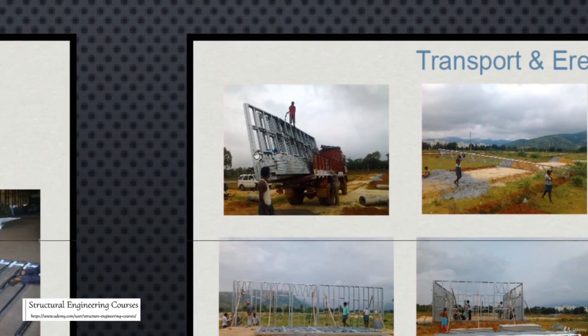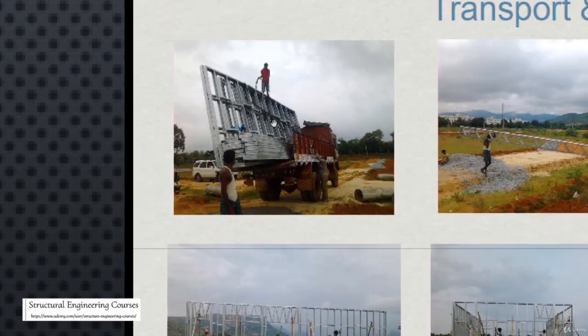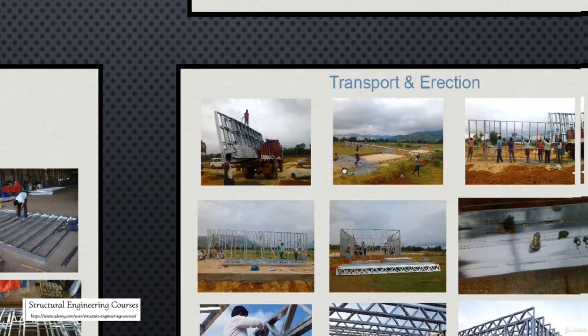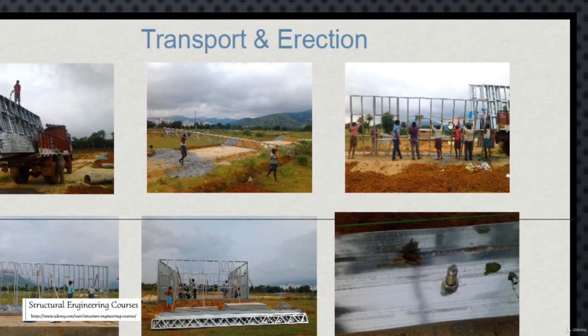Here you can see the steel sections loaded on the back of a truck. I must say this is a very unsafe form of work. I don't recommend it, because a worker is standing on top of the steel sections. After that they are simply transported to the site.